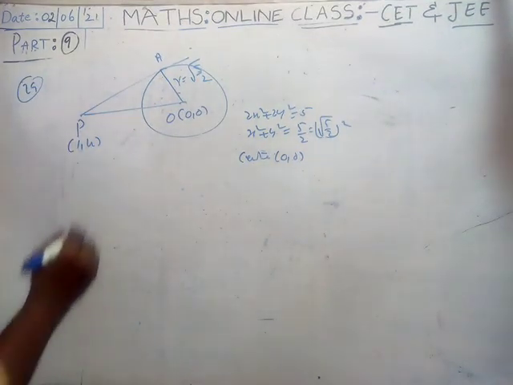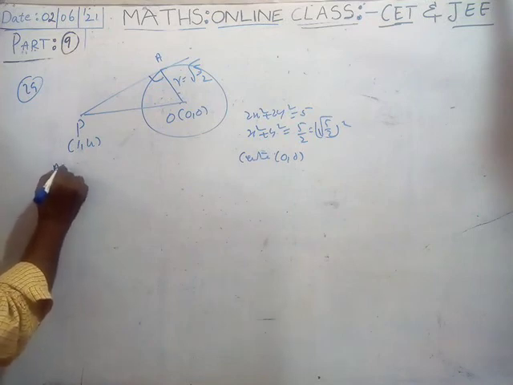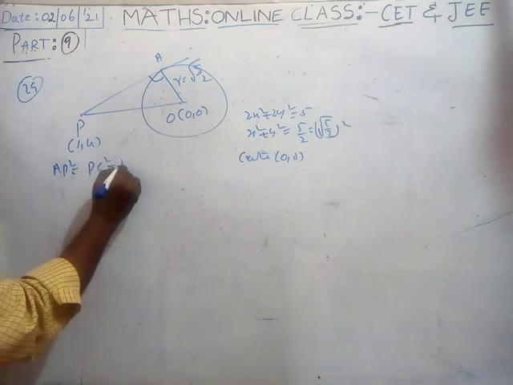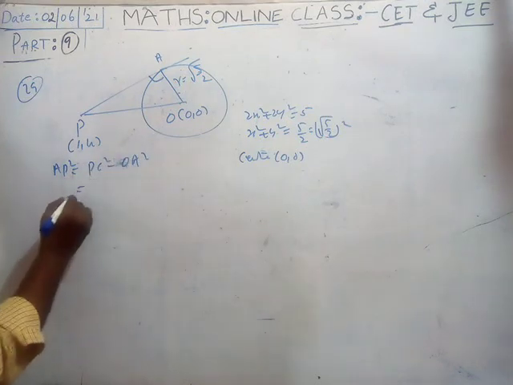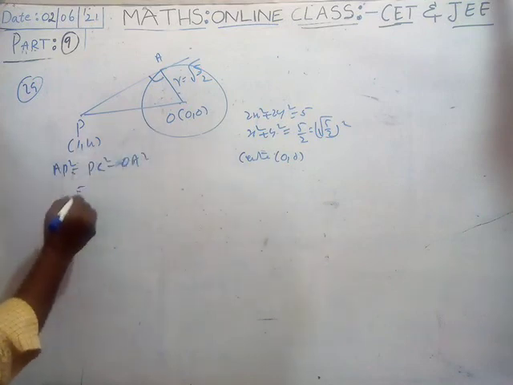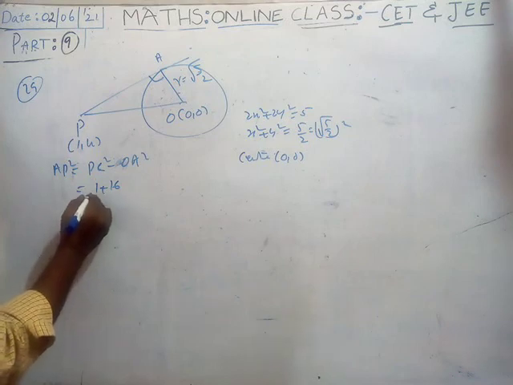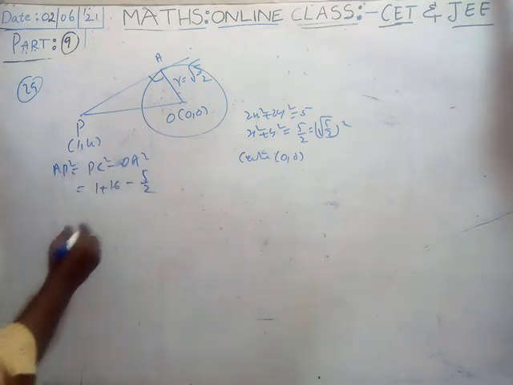Here the triangle is a right angle triangle, we know it well. AP² is the hypotenuse square PC² minus OA². PC² is the distance between P and C: 1 plus 16, minus OA² which is 5/2.